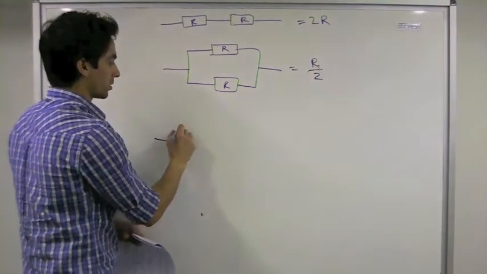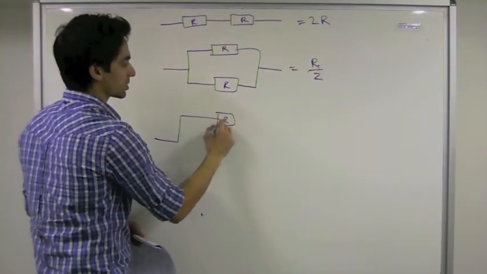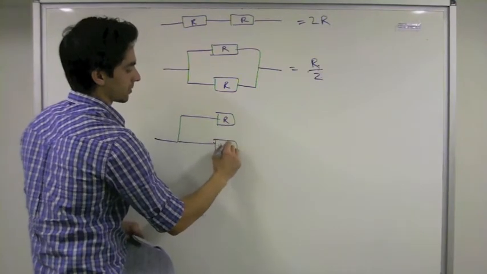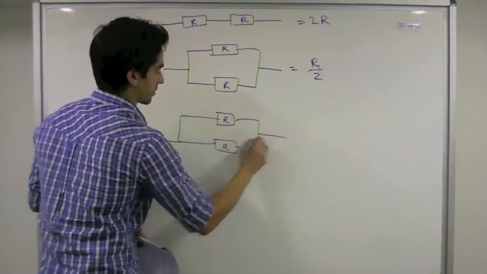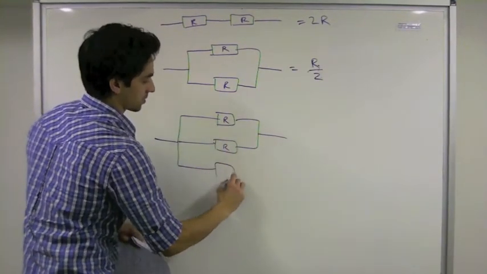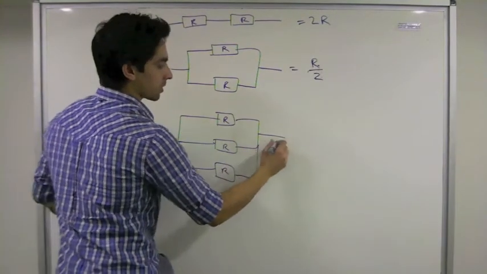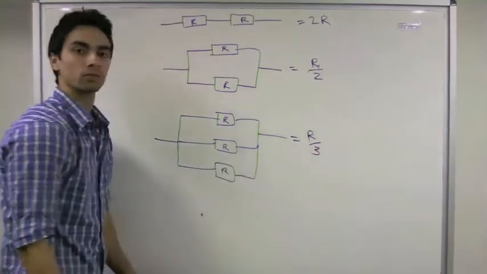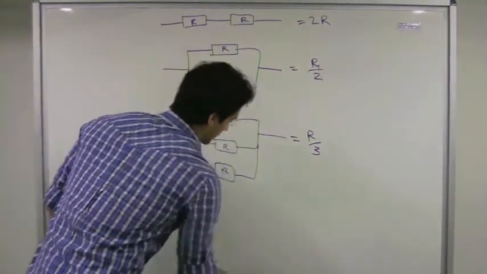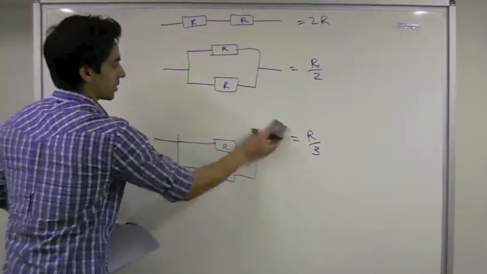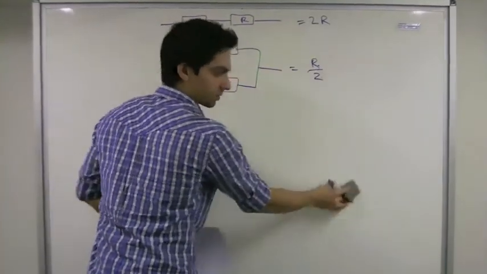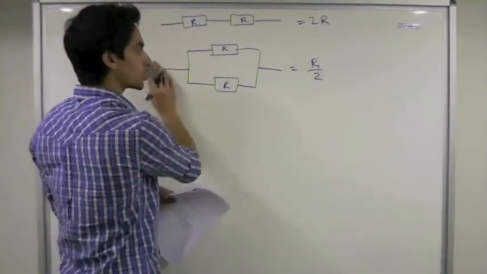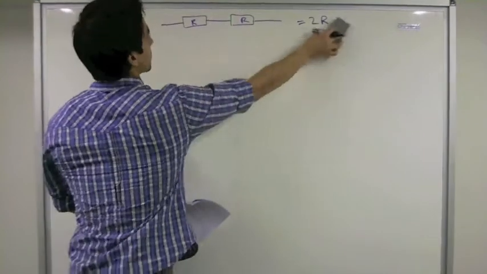If I have 3 equal resistances in parallel, right? The effective resistance here will be R over 3. Okay? So this is one shortcut that they can use. If you calculate this value according to the formula, you should also find the same result.